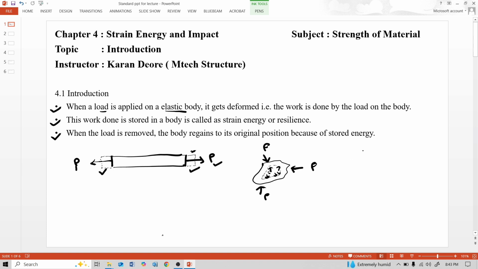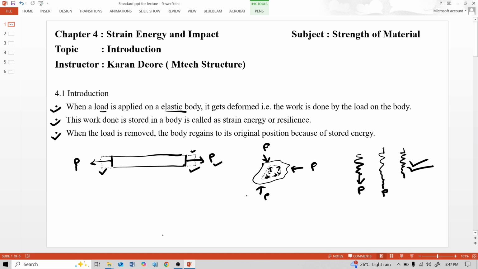In the case of springs, consider this as a spring, and when we apply load, this spring gets deformed like this. And when we remove this load, this spring gets back its original position. And why does this spring get its original position? Because of this strain energy.